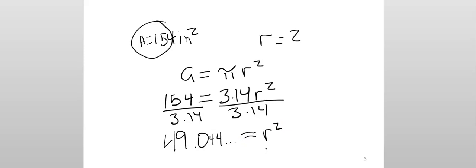So again, I need to find the square root of both sides in order to find the radius. The square root of 49.0444 is approximately 7. Okay, 7 times 7 is 49. So I'm going to say 7 is the approximate of my radius.